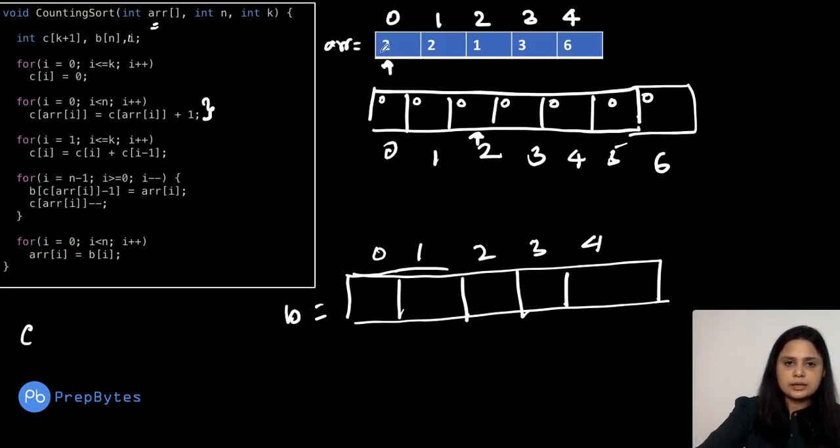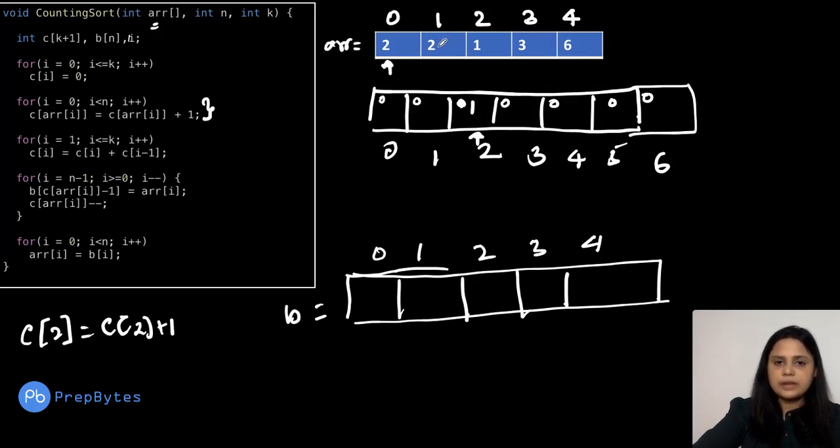So this is what I'm doing: c of array of i. Let's say i here is 0, array of i is 2. So c of array of i here is c of 2. I'll make it c of array of i plus 1, c of 2 plus 1. So now c of 2 is 0, I'll make it 1. Now I go here and again get 2.